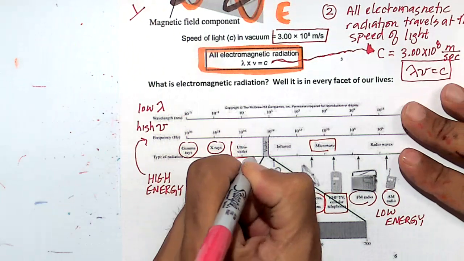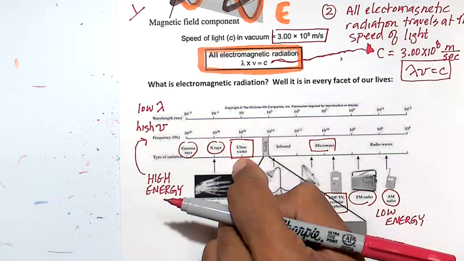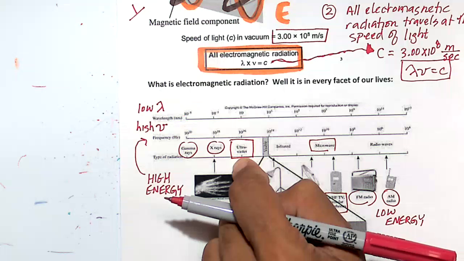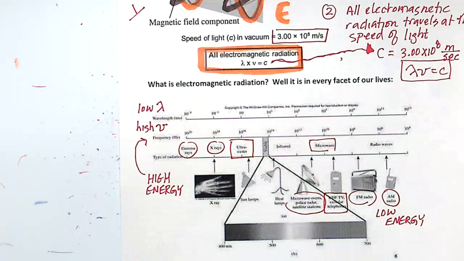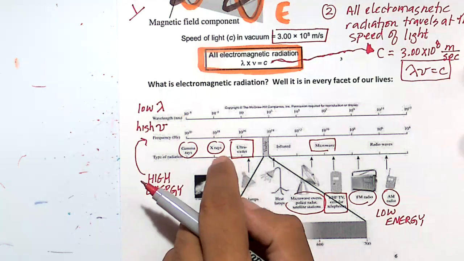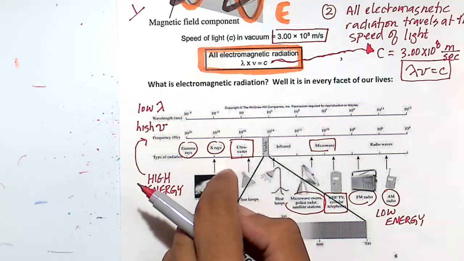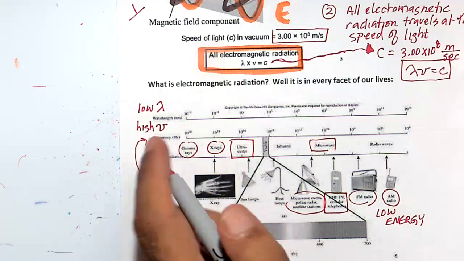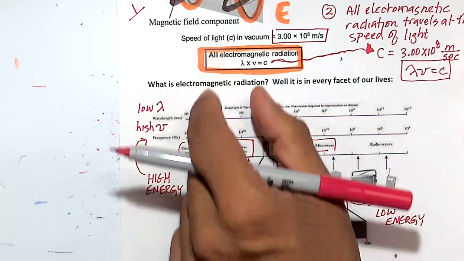UV is bad for you because it's high energy, but also, I don't know if you know this, UV will damage your DNA. It causes your DNA to clump. So that's why they ask you to wear sunscreen and do all these other things. This is pretty high, close to X-rays, pretty close in terms of frequency and wavelength.